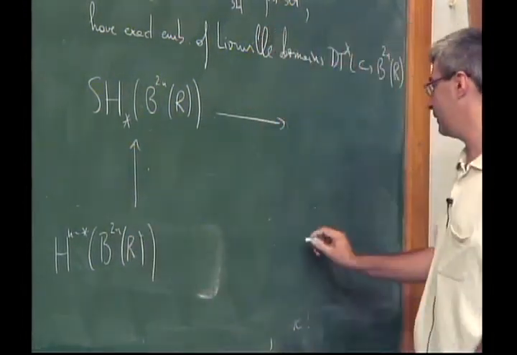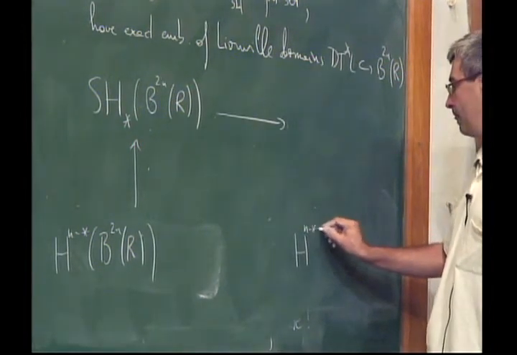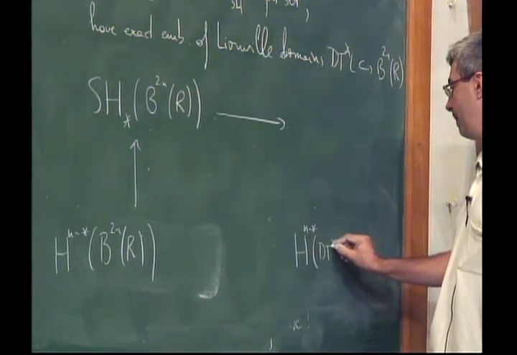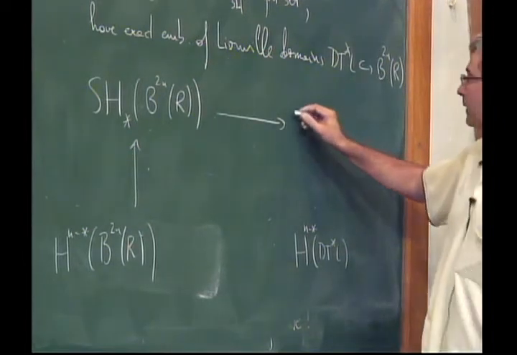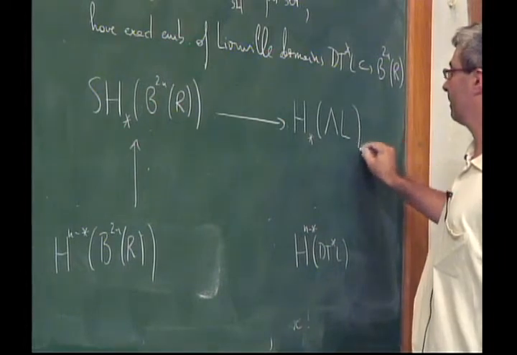And on the other side, I have H_{n-*} of D*L and the homology of the free loop space.